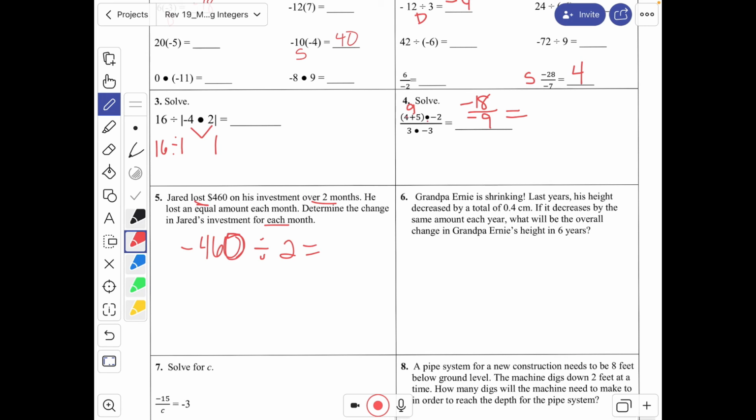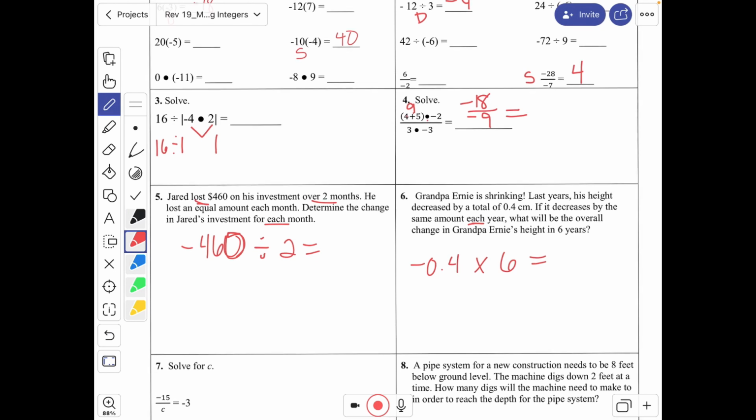Last year, his height decreased by a total of 0.4 centimeters. Decreased means that's negative. If it decreases by the same amount each year, what will be the overall change in Grandpa Ernie's height in 6 years? That's not technically in the question, so that's probably multiplication.